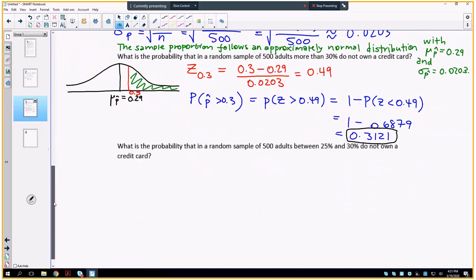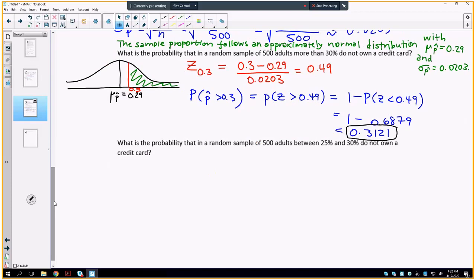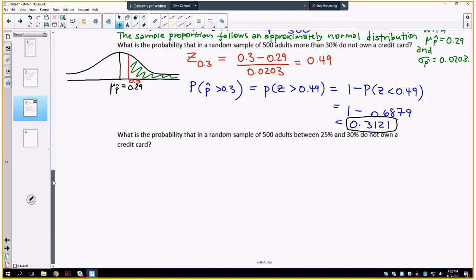Now, what is the probability that in a random sample of 500 adults, between 25 and 30% do not own a credit card? So let's examine the situation. Take a look at our curve. Right in the middle is mu sub p hat, the mean of the sampling distribution of the proportion p hat, which is 0.29.